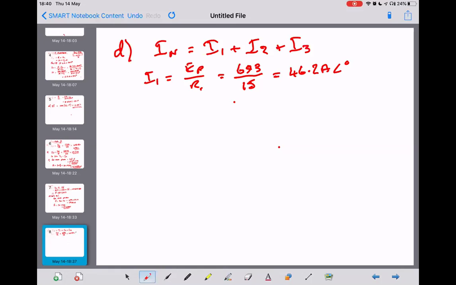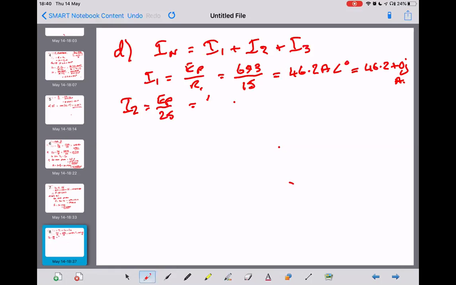Angle 0. And then what I've done on the end of mine, you've got a rectangular form as well: 46.2 plus 0J amps. I2 is the same process, but when it's divided by 25 instead of 15, it's 27.7. I don't know how you rounded it up.